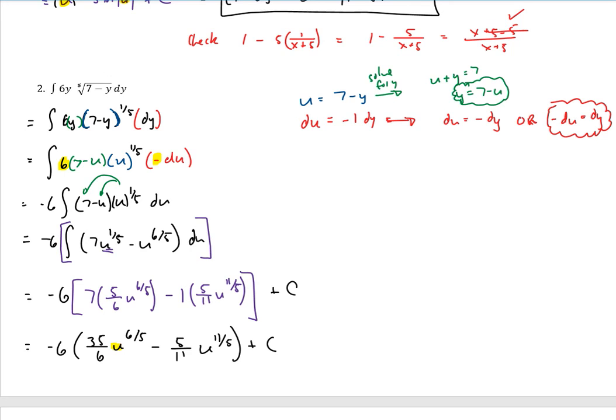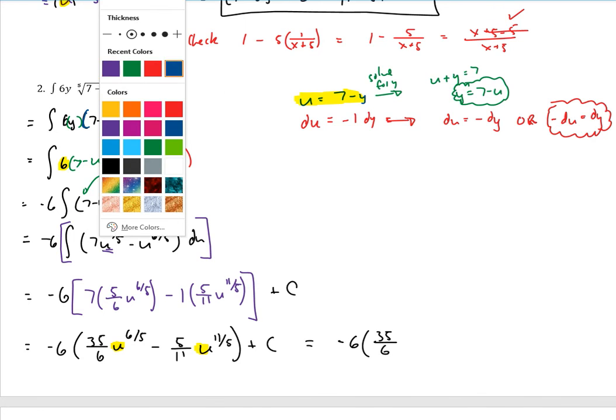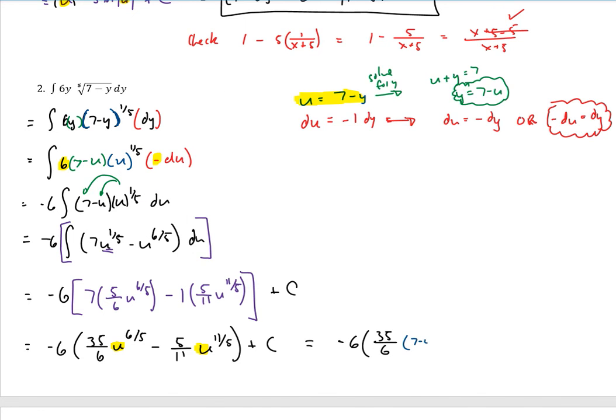But now let's go back to our original variable. So we started with y's, so that means I need to end with y's. And I've got my expression for that right there. So we can say that this is equal to negative 6, 35/6 u, where u is 7 minus y. Let me go ahead, I'll keep it in blue. And then that's raised to the 6/5 power.